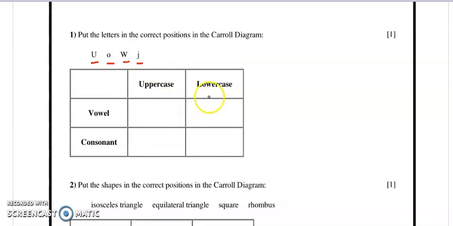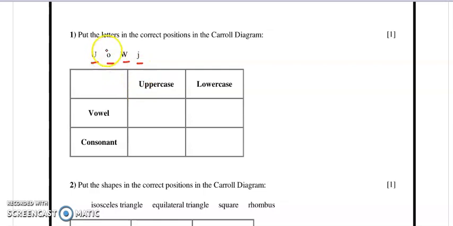After that it will be very easy for us to differentiate between them or to know about their certain features. For example, the four letters shown here belong to the vowel category and the consonant category, and we also have uppercase and lowercase letters. So easily we can put them here in the Carroll diagram.